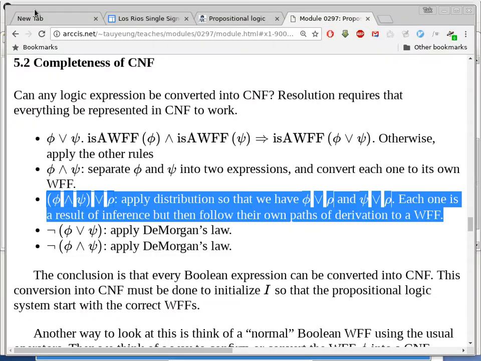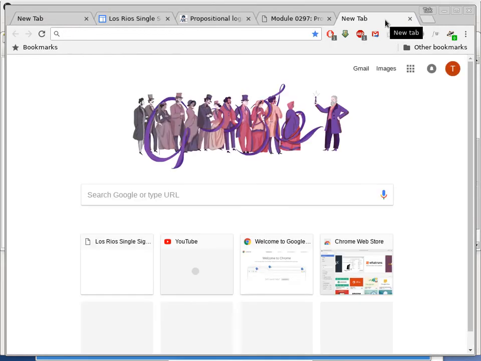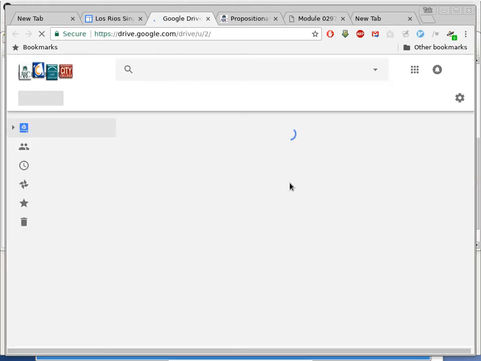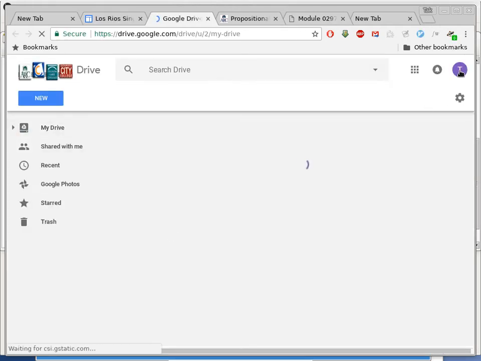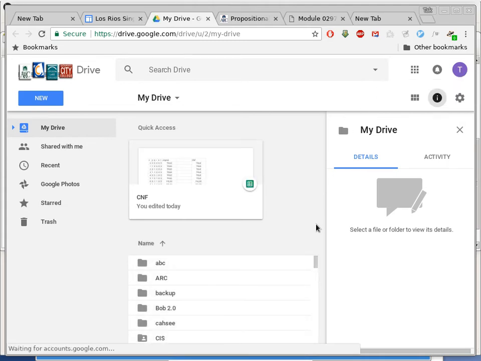All right, so to do that, let me see, where's my Google Drive? Let me go find my Google Drive, which is here. Does it use the right account? Yep, okay. So I'm going to use my Google Drive here, and this one I can put into the share drive, just in case you're interested.